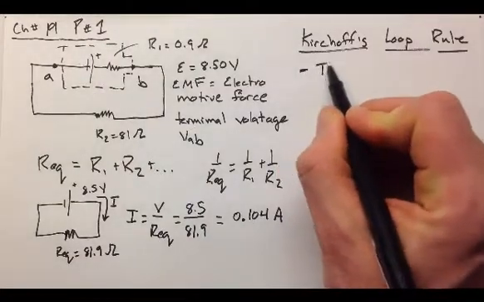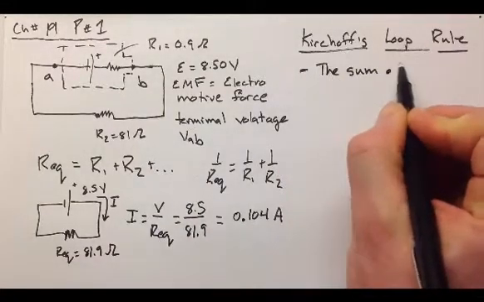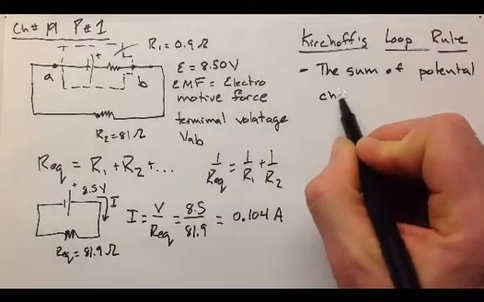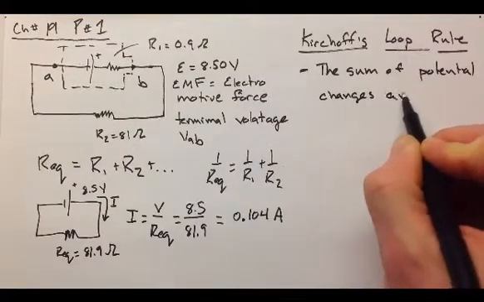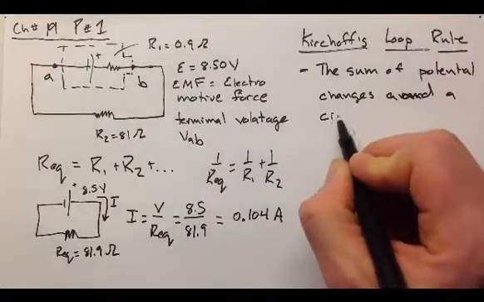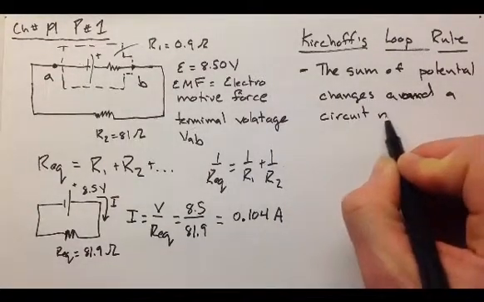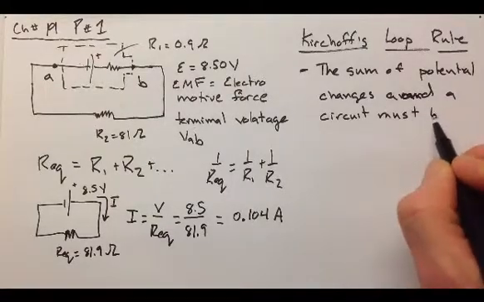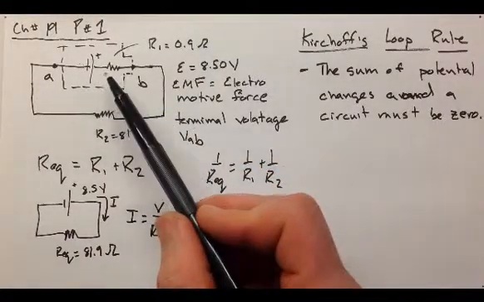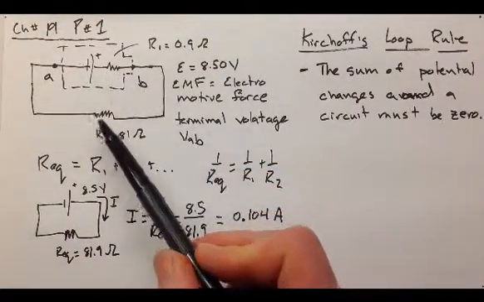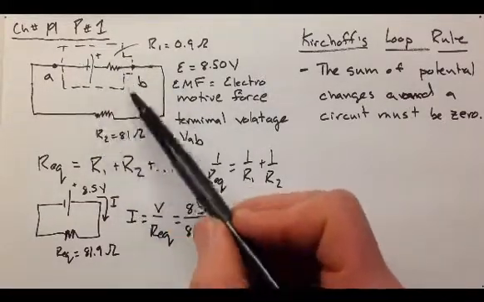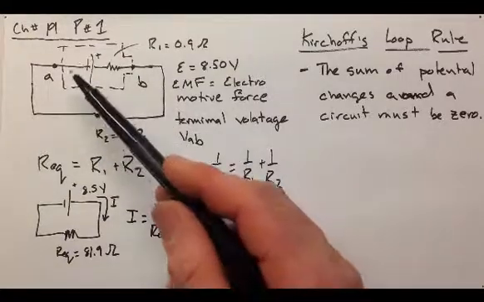That's worth writing here: the sum of the potential changes around a circuit must be 0. What does that mean? It means if a battery bumps up the voltage in a circuit 8.5 volts and there are 2 resistors, then each resistor takes the voltage down a notch, and the total voltage downs should equal the voltage ups.